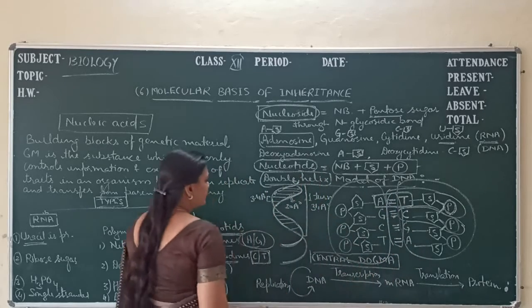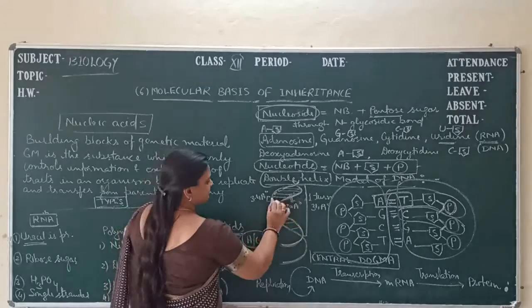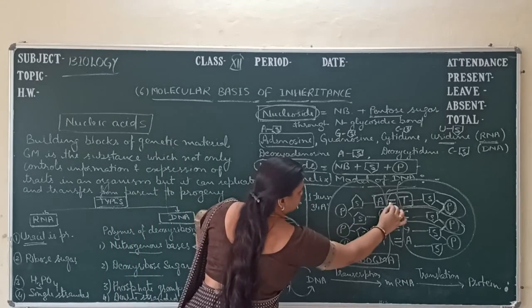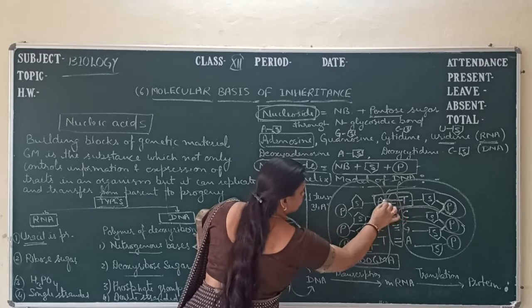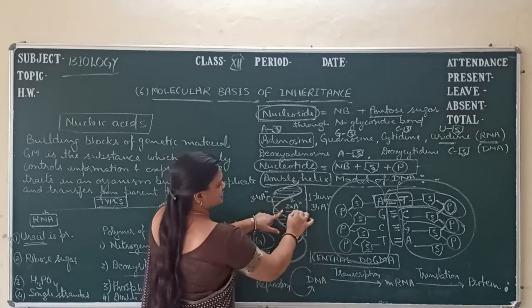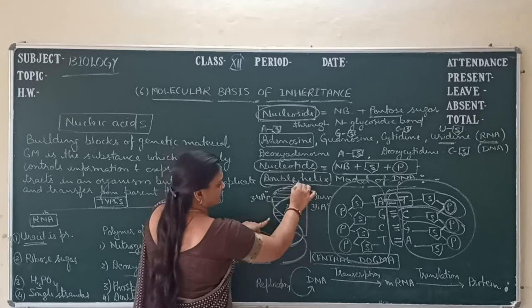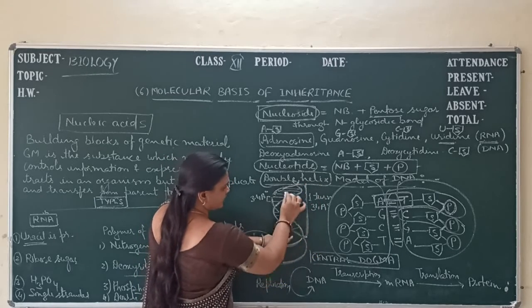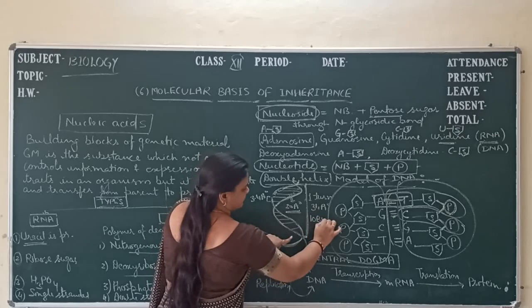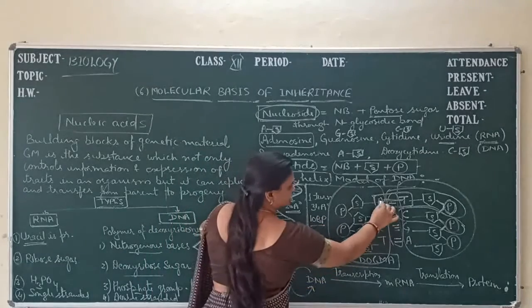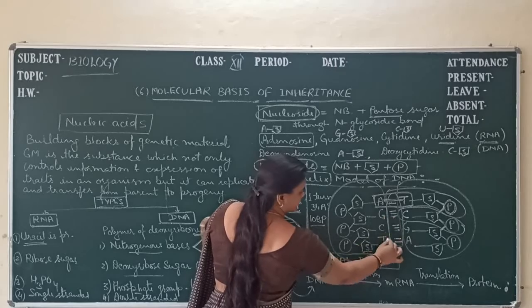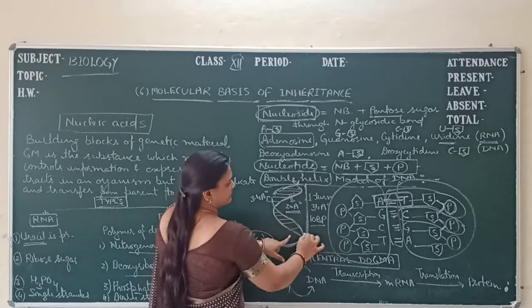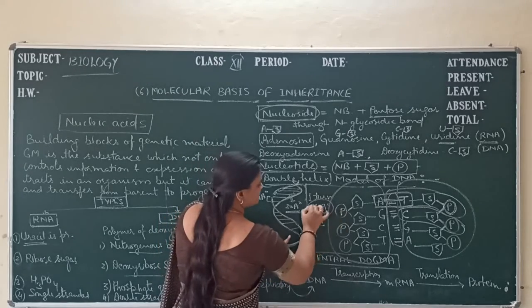They can easily break, and the distance between the two nitrogenous bases of a pair is fixed. The diameter is 20 angstrom, and one turn contains 10 base pairs. The length of one turn is 34 angstrom.